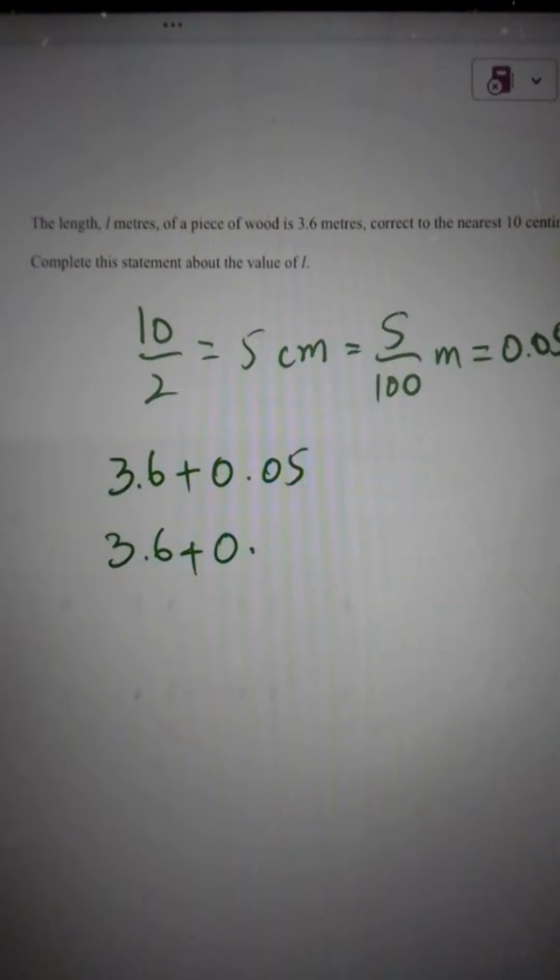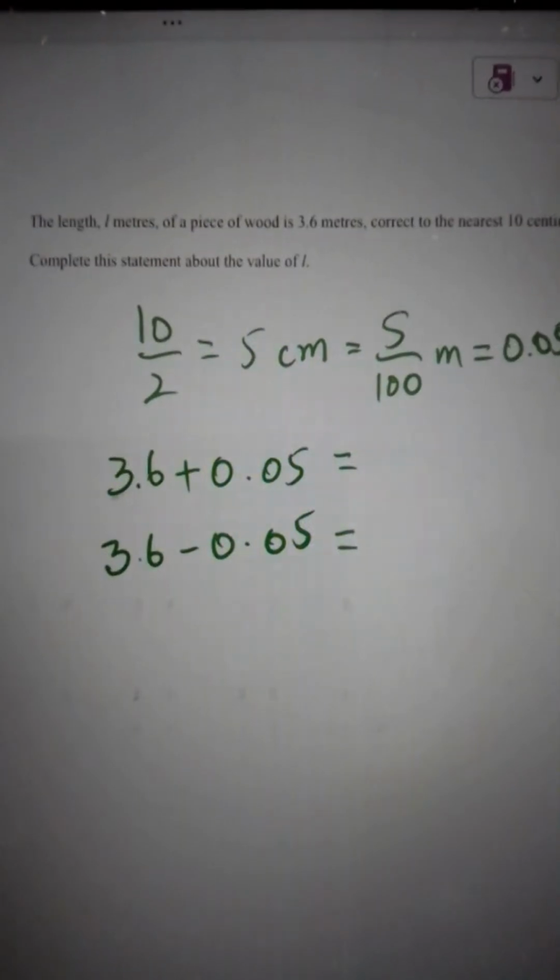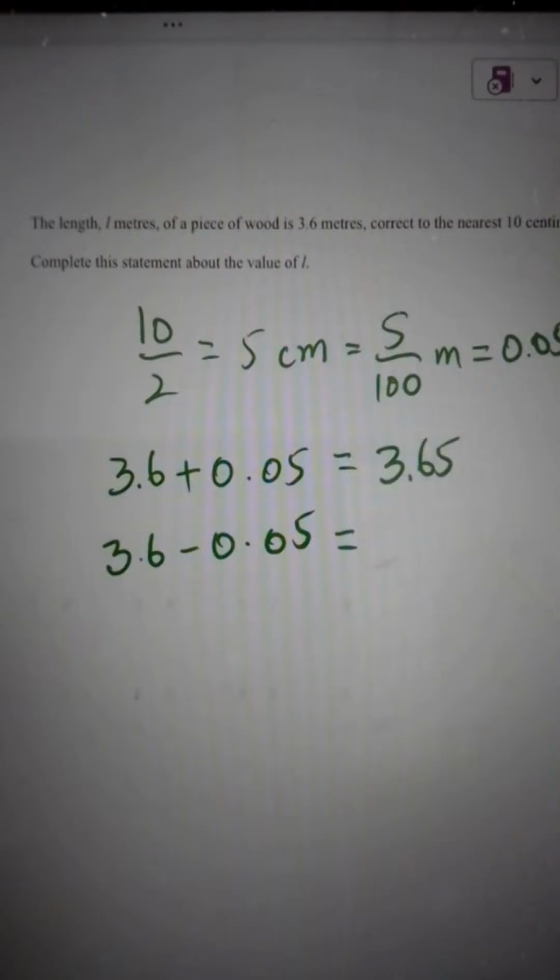Once we subtract, once we add. One gives us the upper bound, the other the lower bound. So the upper bound we have is 3.65. The lower bound will be 3.55.